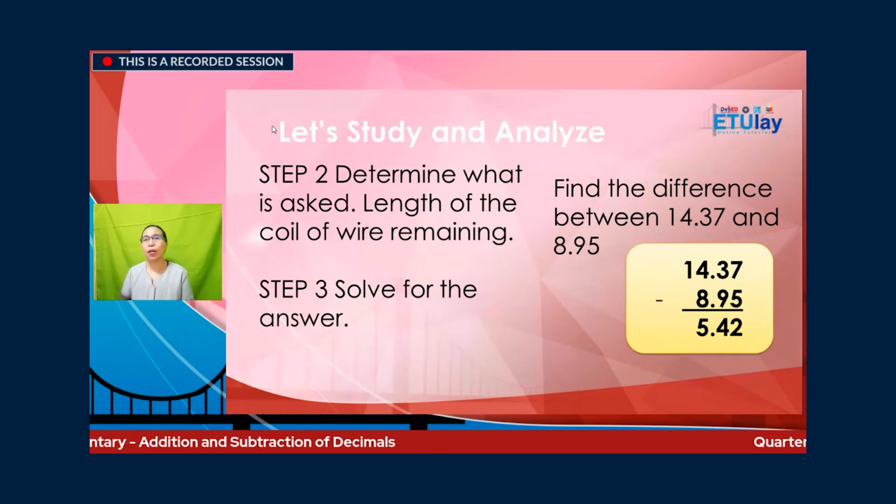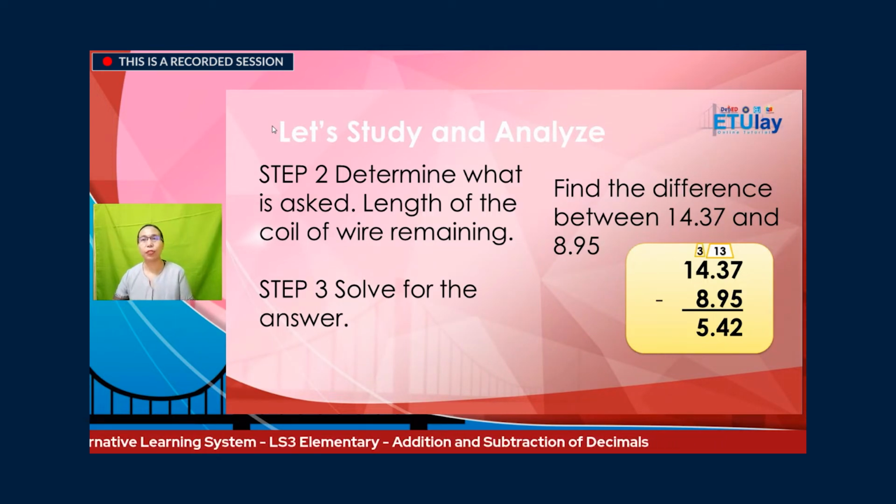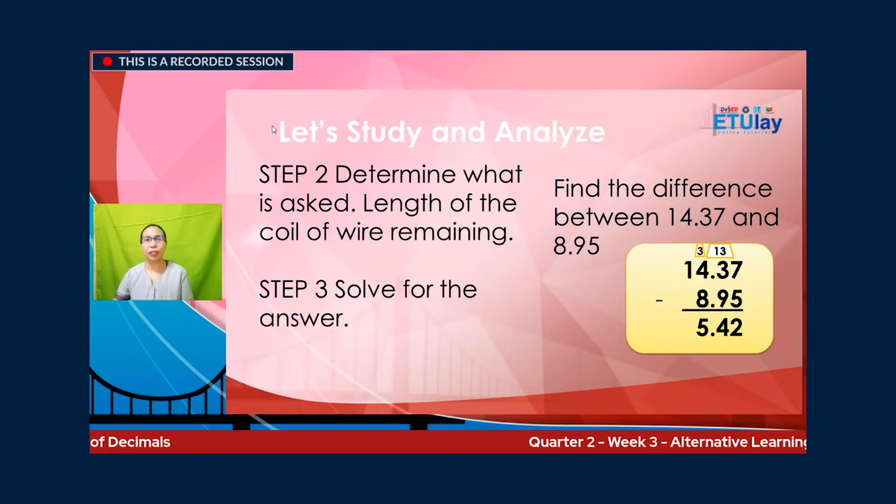So we have 7 minus 5, it's 2. 3 minus 9 cannot be. We need to borrow 1 from 4, so we got 13 minus 9, it's 4. And the last, we have 13 minus 8, it's 5. So the answer is 5.42 meters remaining coil.